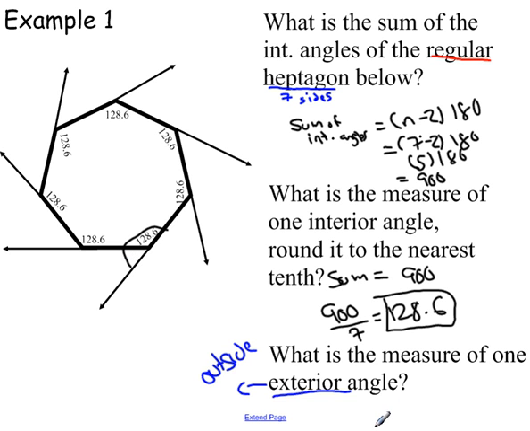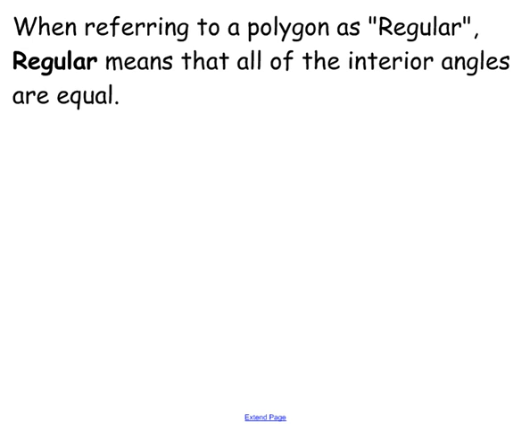So if we want the measure of one exterior angle, we can just say 180 minus 128.6, and doing that will give us the value of the exterior angle. So 180 minus 128.6 is 51.4. So that's the measure of one exterior angle.